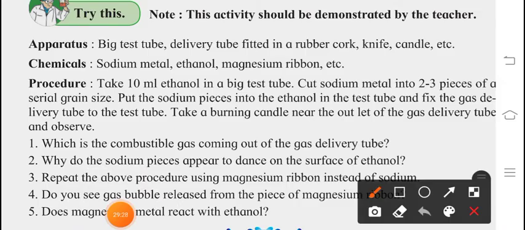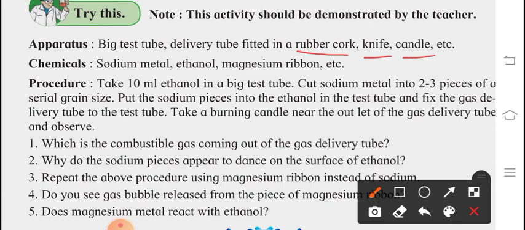So here is the activity given. In this activity we have to perform in the same manner: take a test tube, delivery tube, cork, knife, and candle. Why are we using all these things? With the help of a rubber cork, we close the mouth of the test tube. With the help of a knife, we handle sodium.